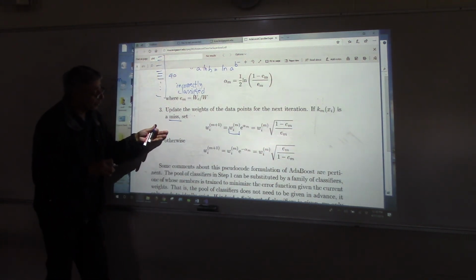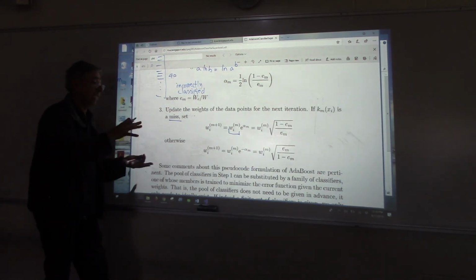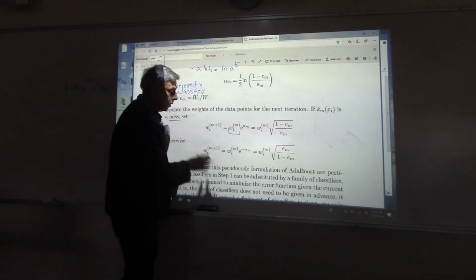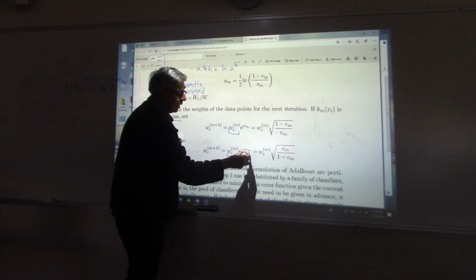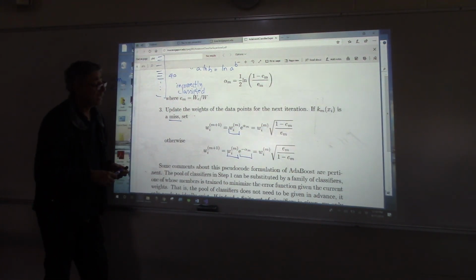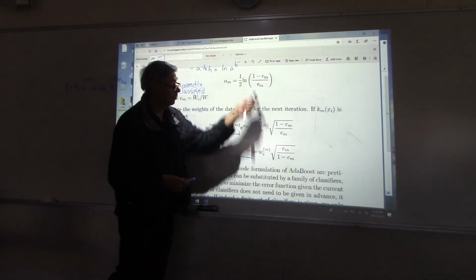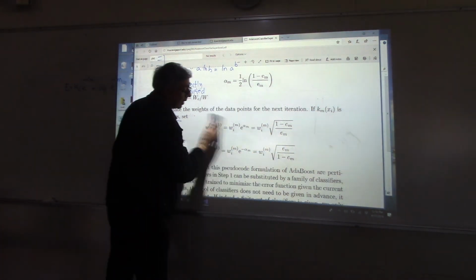And those which were correctly classified, we should reduce their contribution in selecting the next classifier. So correspondingly, for the correctly classified, whatever the current weight is, we multiply by e to the negative alpha_m, which is basically the square root of this, right? So this is the algorithm.